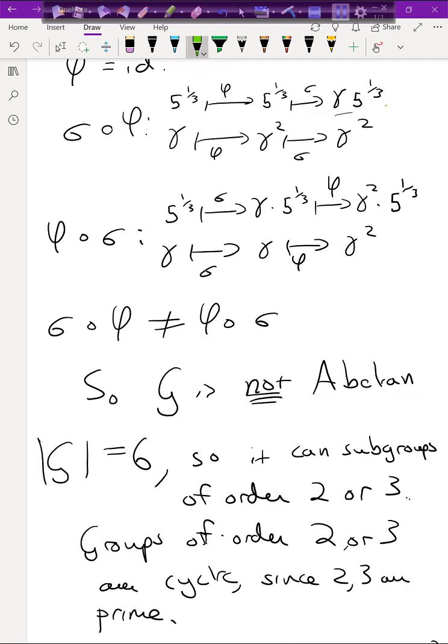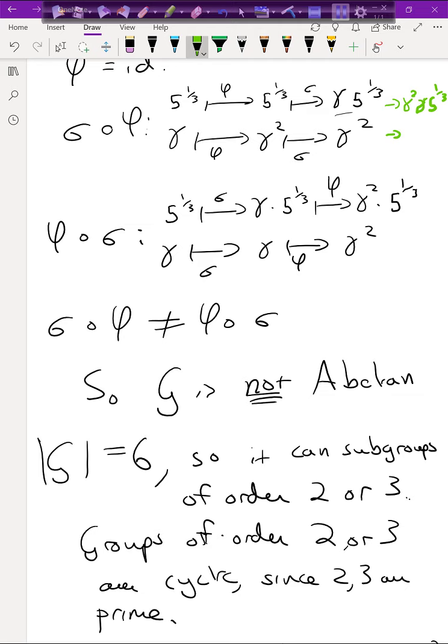And then the gamma is going to get sent to gamma squared, 5. And then the 5 to the 1/3 is going to get sent to gamma 5 to the 1/3. And that's just going to be gamma cubed, which is 1.